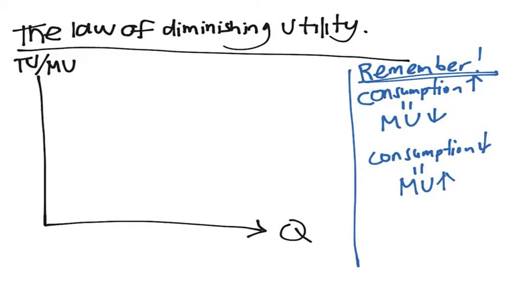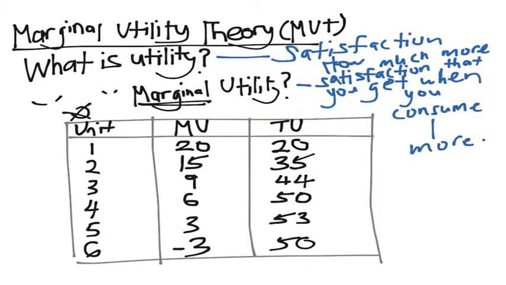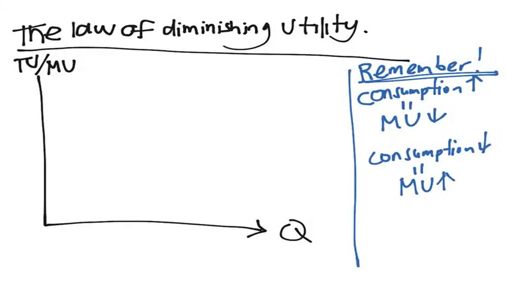The next thing you need to know about the marginal utility theory is the law of diminishing utility. What this means is, if you see the bread example, the marginal utility decreases the more you consume. It decreases from 20 to 15 to 9 to 6 to 3 and even to negative. If you sketch it in a graph, it will look something like this.